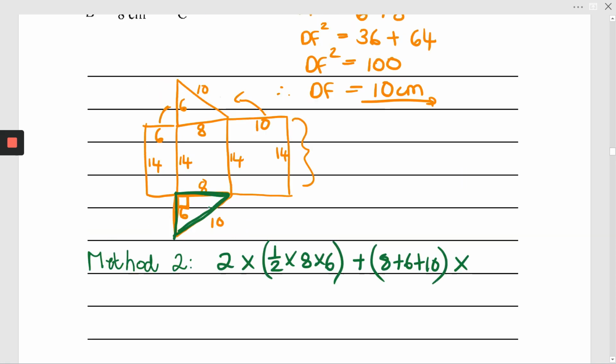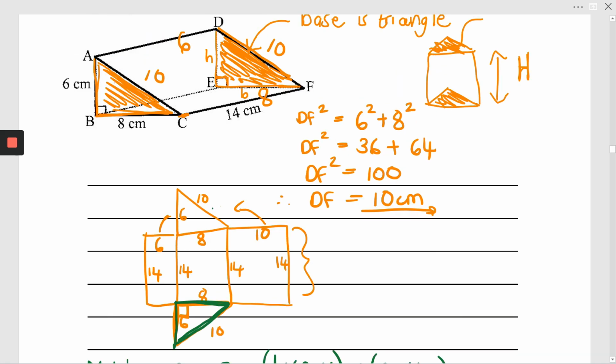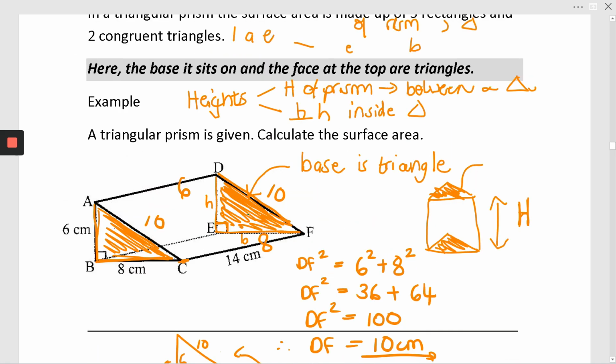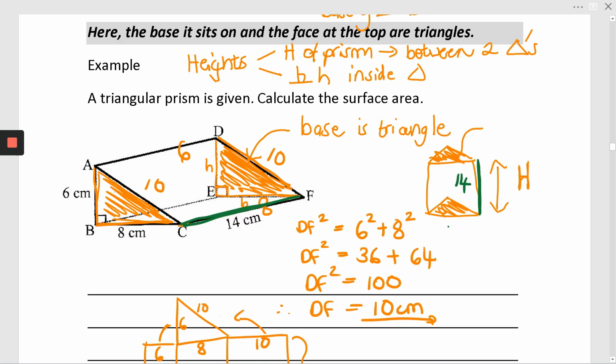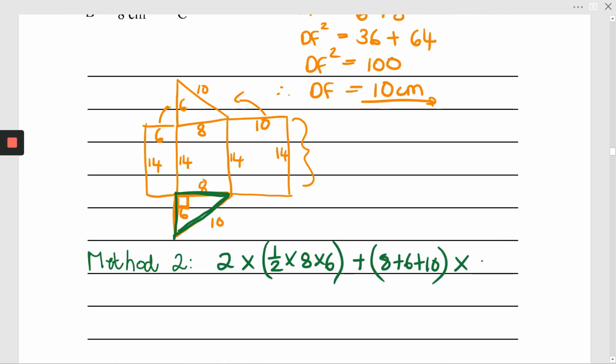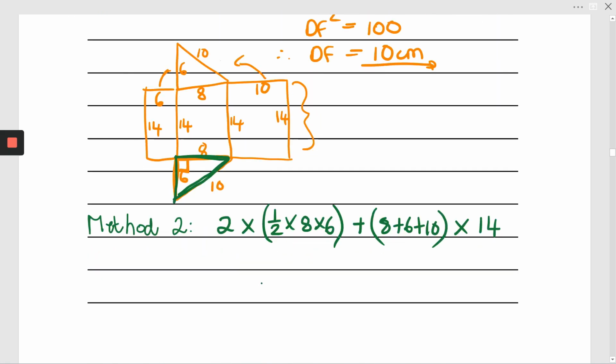Right, that might be something we need to get our heads around again. And I said that it was the distance between the two triangles. So the height of the prism is that amount over there. If you stood it up on its triangle base, the height would be the distance between the two triangles. So that's going to be 14.